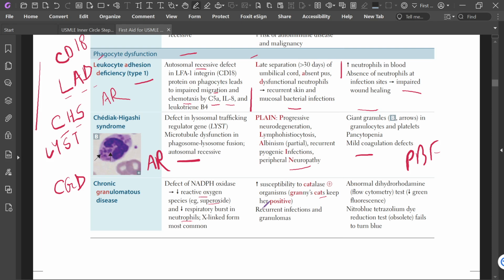Staph aureus, Burkholderia, Serratia, Nocardia. There may be Aspergillus fumigatus. The clinical presentation is severe bacterial and fungal infection with catalase positive organisms.